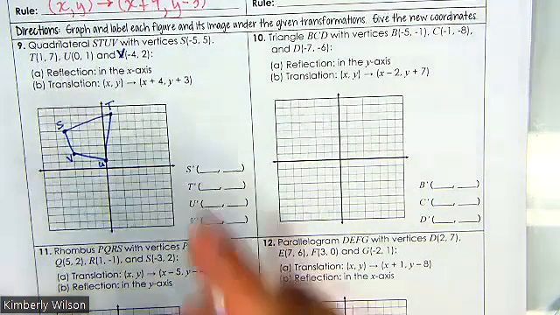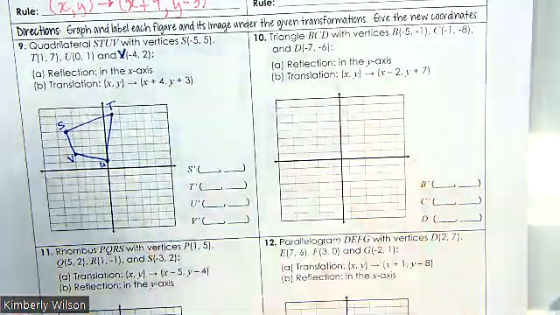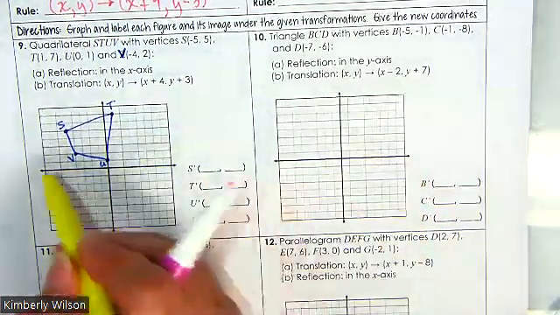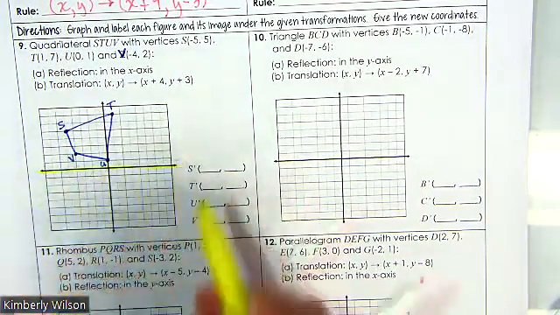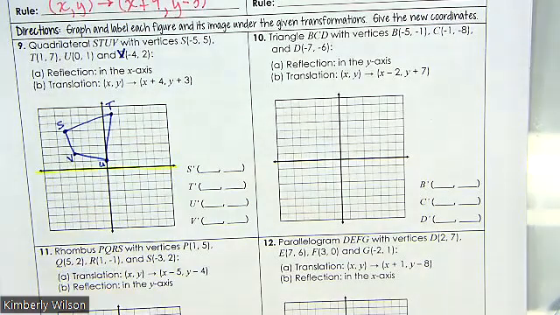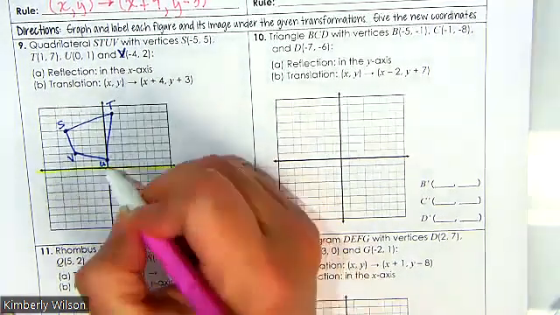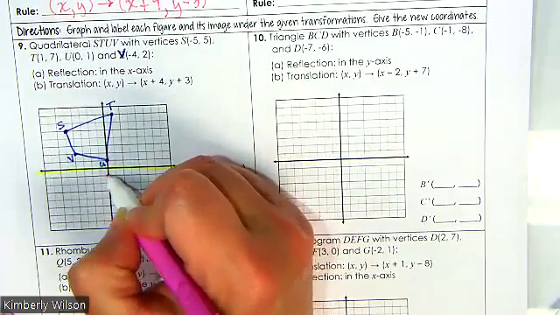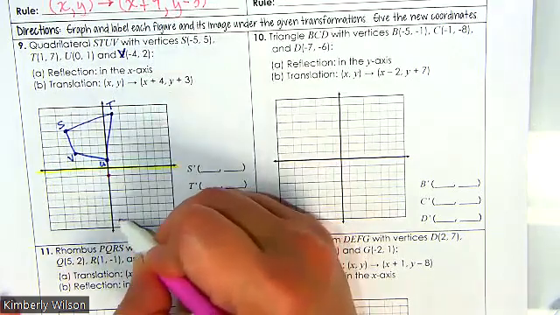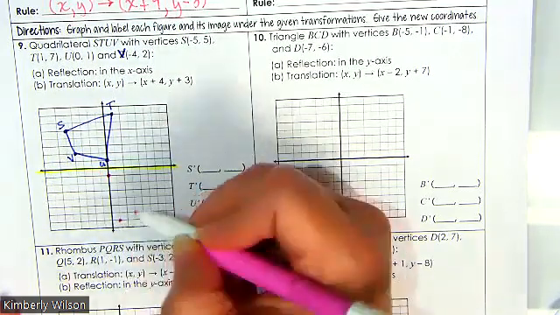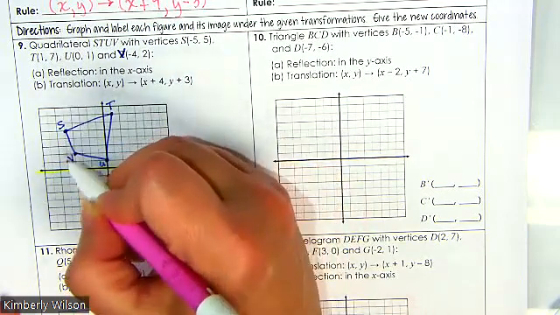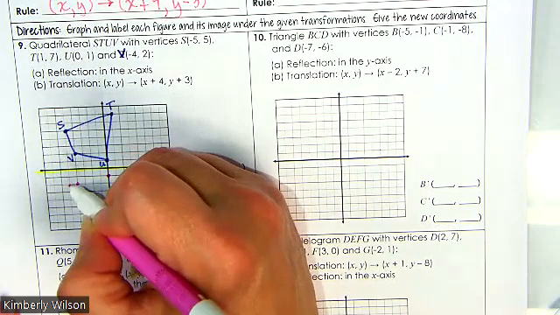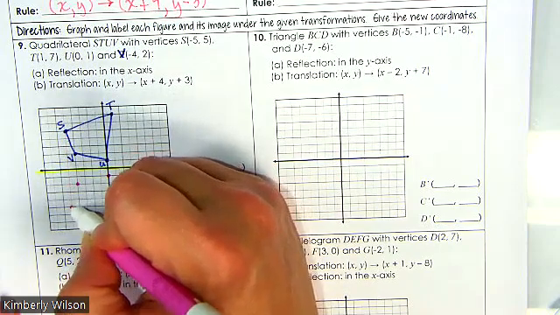So to reflect over the x-axis, that means we're reflecting over this axis, because that is the x. All right, so U is going to become here, T here, V here, S here.